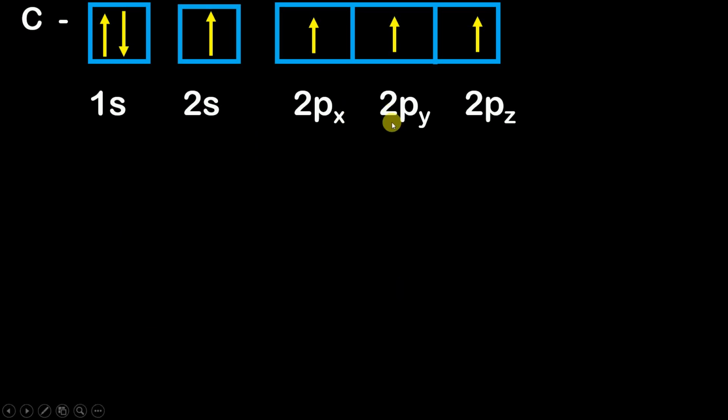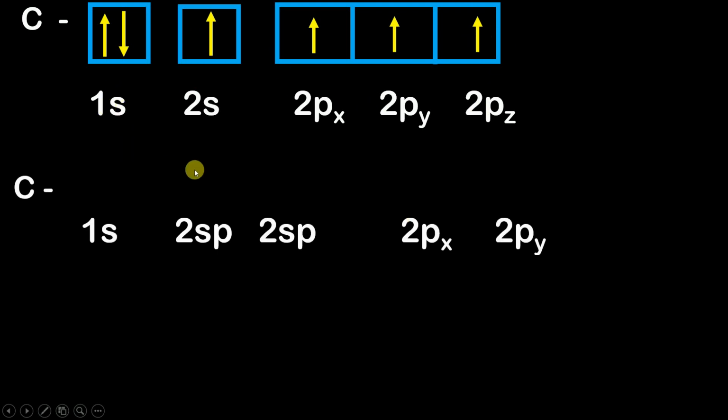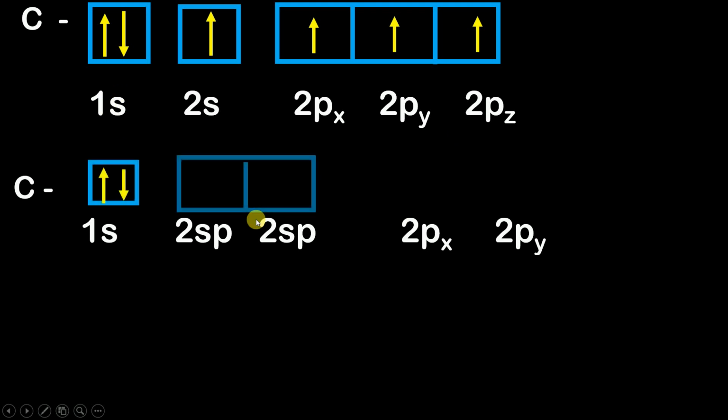Now guys, what happens in ethyne is that one 2s orbital gets combined with the 2pz orbital. If you remember, that electron has gone to the 2pz orbital. So this 2s orbital and this 2pz orbital get combined, and the new electronic configuration becomes something like this.